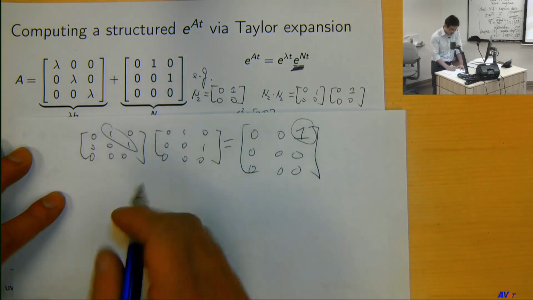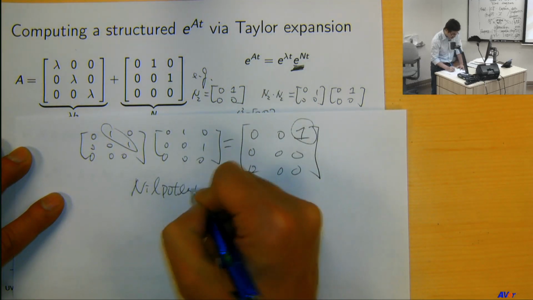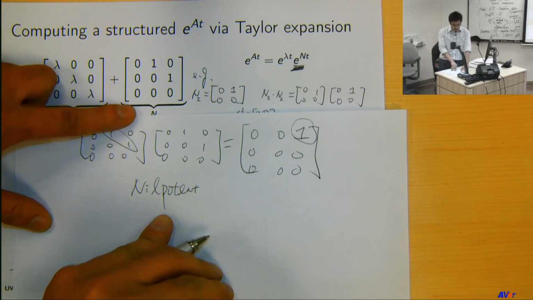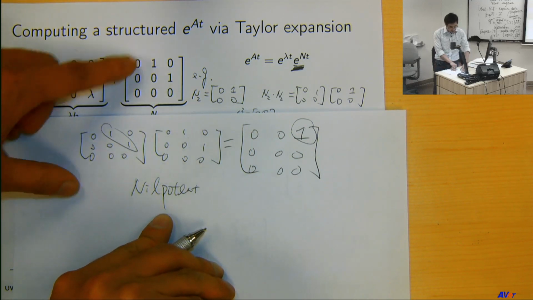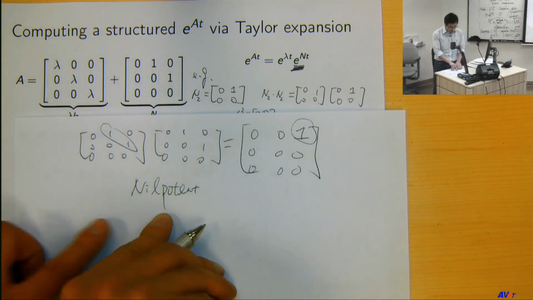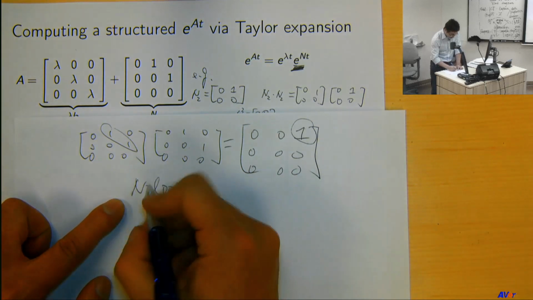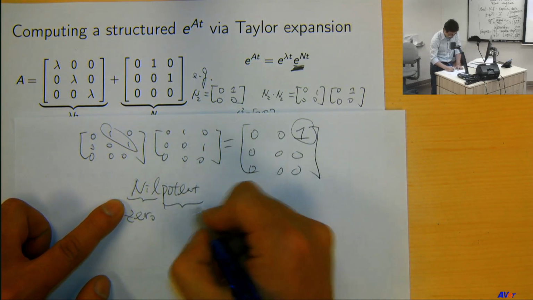So this property is called nilpotent. This matrix is called a nilpotent matrix. Any matrix that has this structure, a lot of zeros and then ones sitting on the off-diagonal side, is a nilpotent matrix. Nil means 0, and potent means you take the powers.